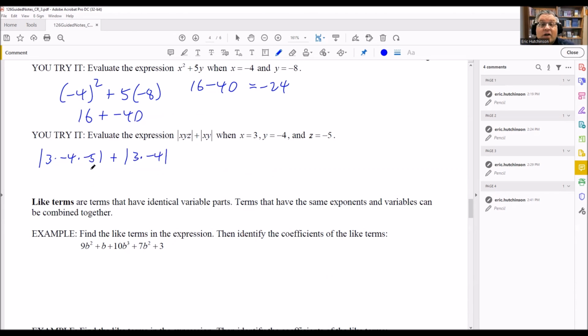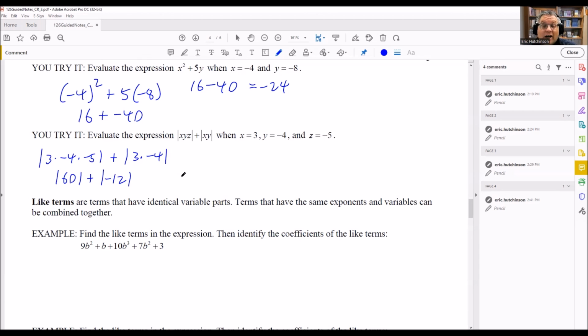We need to work all these out separately inside here. So if I multiply these two negatives, that's going to give me a positive. So these two multiplied will give me a 20, and then 20 times 3 will give you a 60 inside. And then this is the absolute value of negative 12.